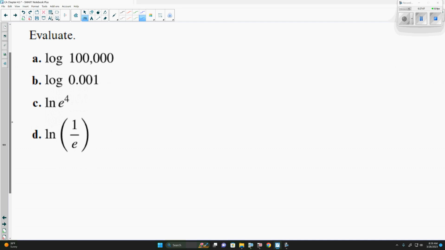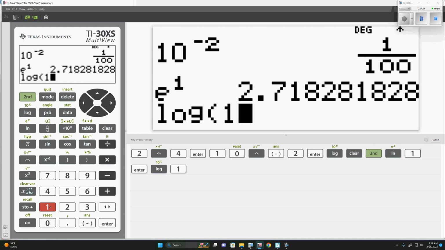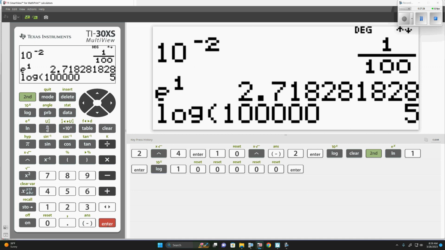So if we want to evaluate any of these here, we can actually just use a calculator. Now, the book definitely says to use our one-to-one property, rewrite it in exponential form, and then go that way. Or here, log of 100,000, I could say log 2, 3, 4, 5, enter, and we get 5.